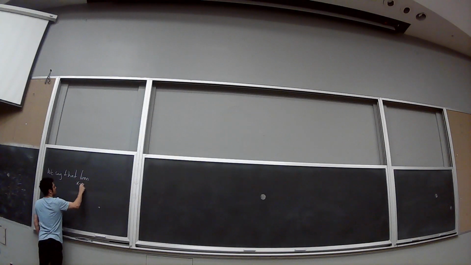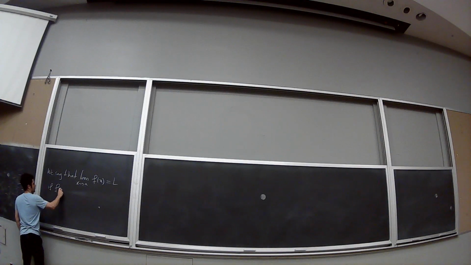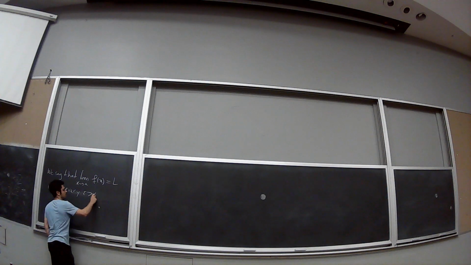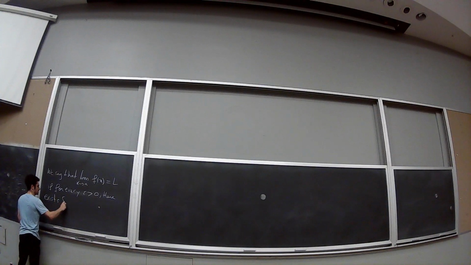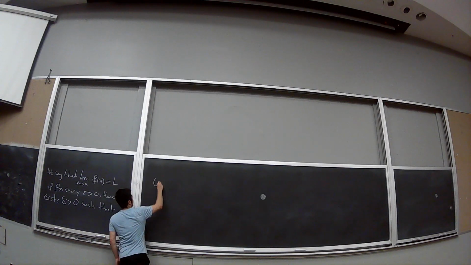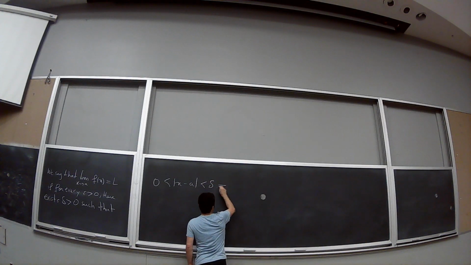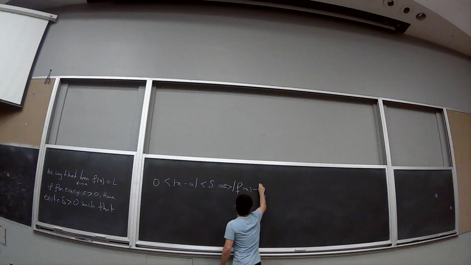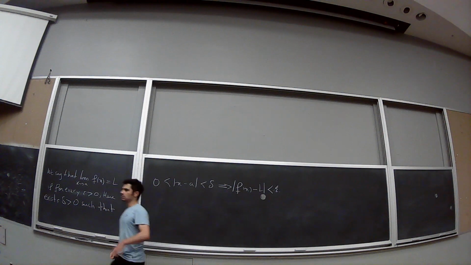We say that the limit as x approaches a of f of x is equal to L if for every epsilon positive there exists delta positive such that if the absolute value of x minus a is strictly bigger than 0 and strictly less than delta, this implies that the absolute value of f of x minus L is less than epsilon. Okay? This is the definition of a limit.